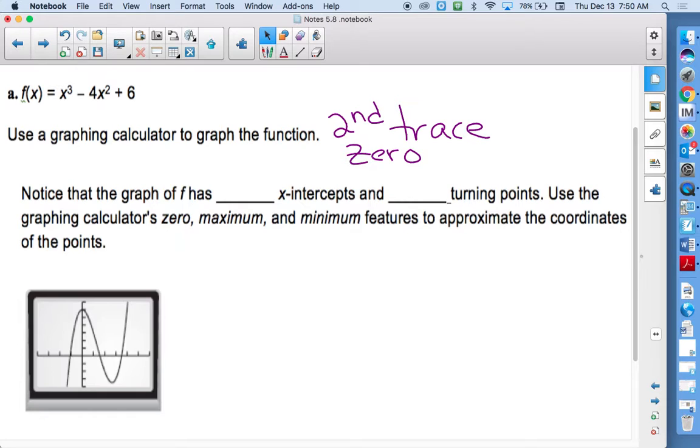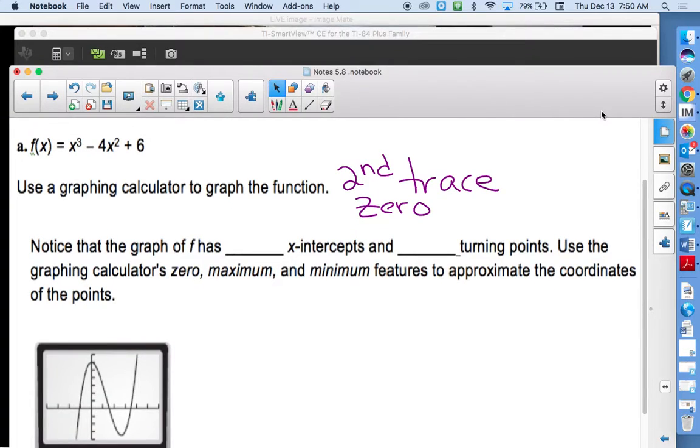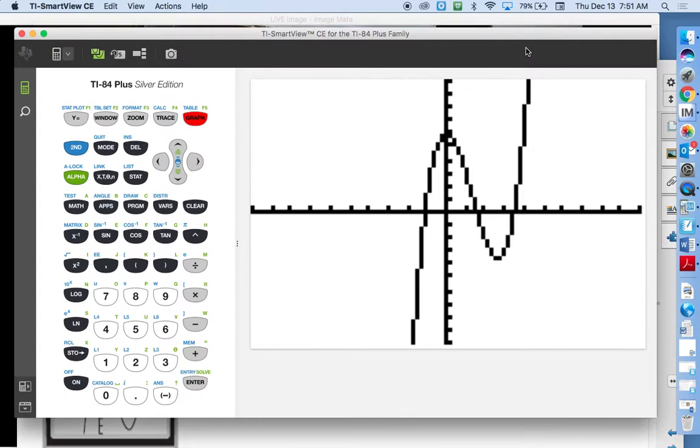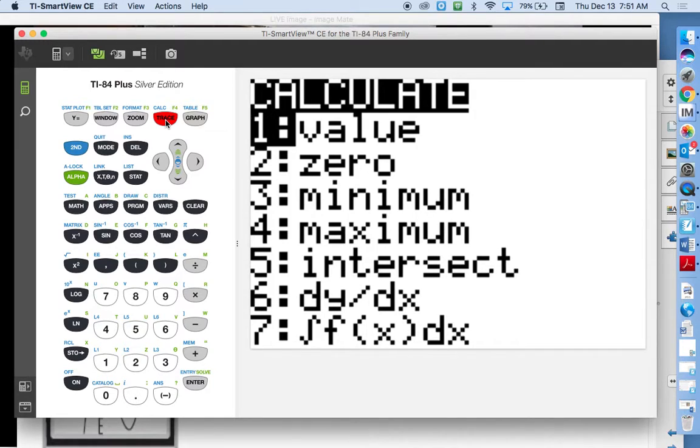Because there's a couple of different functions in there that it'll help us find pieces of the graph. So second trace, and then number 2 is our 0 function. Way back when we began the year, we used number 5 to find out what graphs intersect. So now, like 2 through 5 are things that we've done with the calculator this year. So we're going to look at number 2.